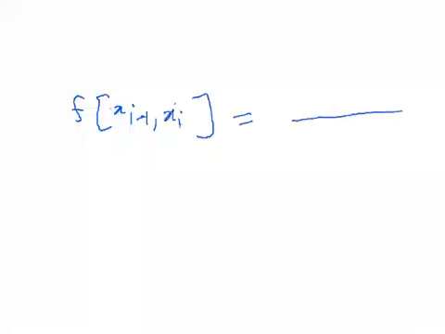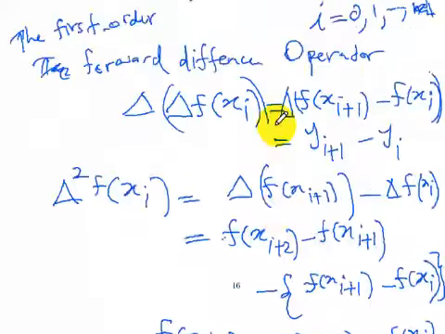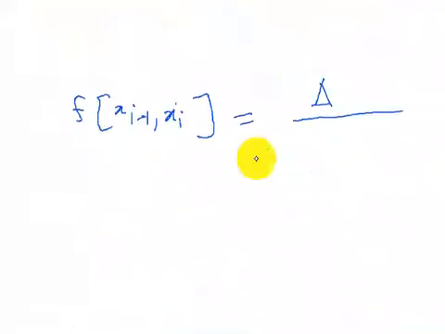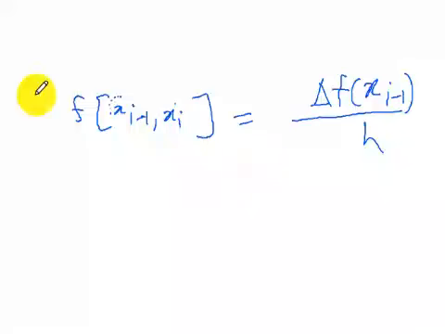On the numerator is the first order forward difference operator of f of x_{i-1} divided by h, right? The gap between these two is h.